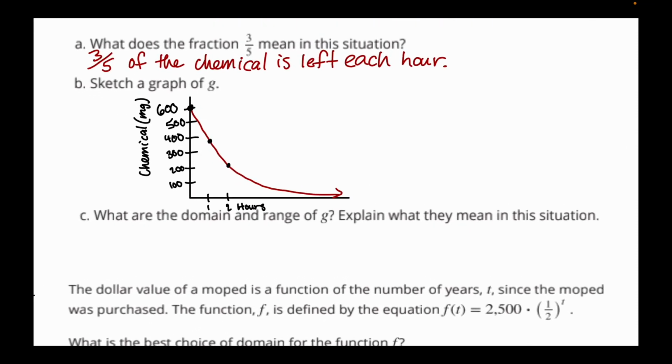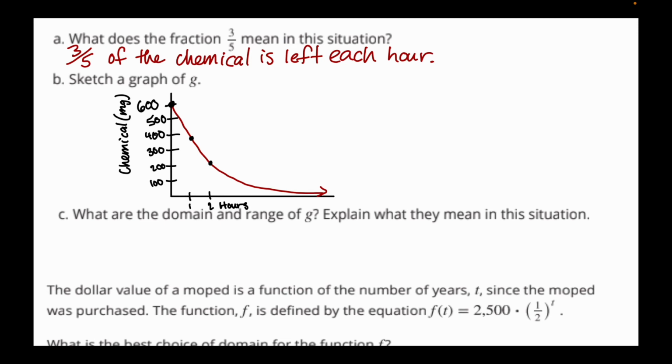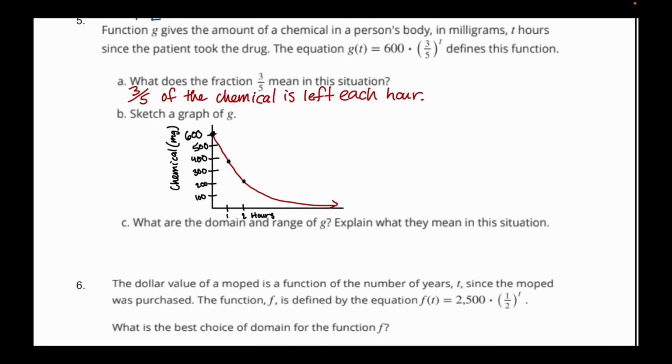But now we want to talk about domain and range. So the domain and range of g. Domain is going to be hours since the patient took the drug. So I can say domain, and the best way to describe this domain, I mean, technically the domain of this could go on forever.